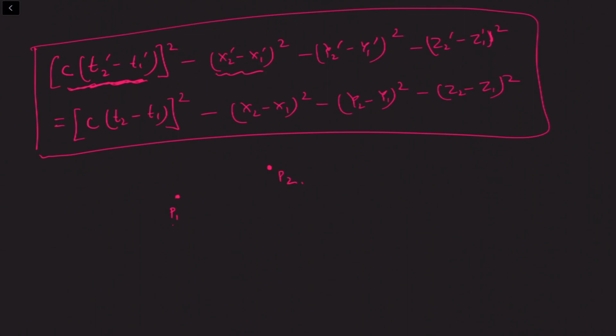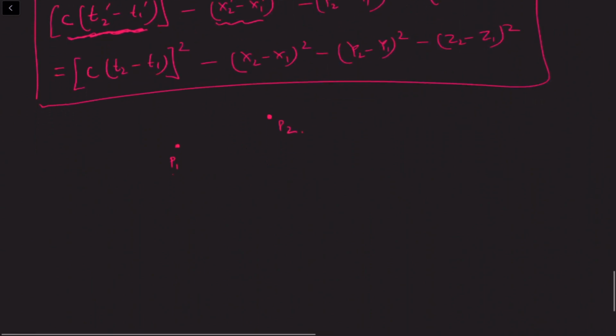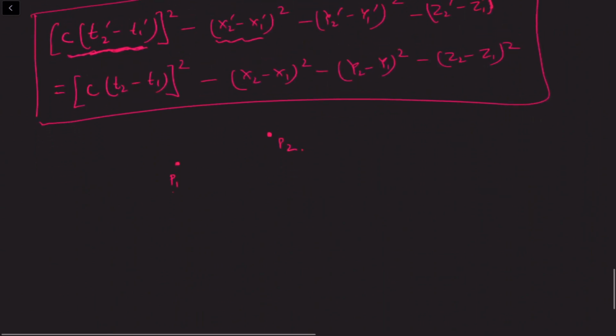So minus (x2 prime minus x1 prime) square minus (y2 prime minus y1 prime) square, and so on. And each observer can do this in their own coordinate system. But the net result is that they would get exactly the same quantity. They would get the same number associated with these space-time points. So any two observers would get a single number associated with these two space-time points, and that number would be the same.